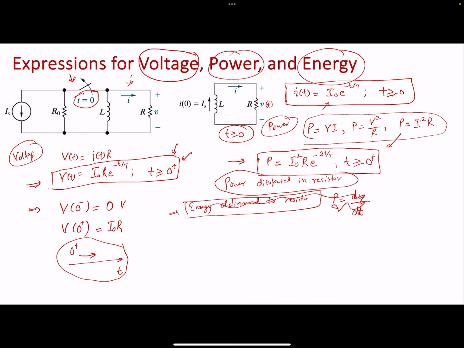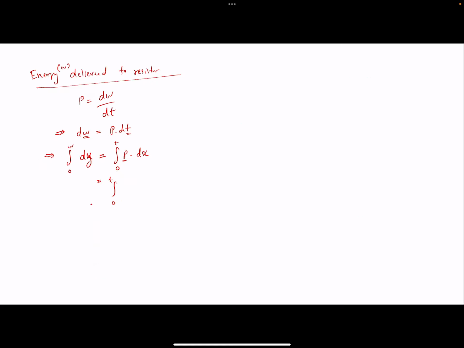This one, I naught squared R e raised to the power minus 2t over tau. So it should come out to be I naught squared R e raised to the power minus 2, and the variable t has now been replaced by x divided by tau. And again, the variable of integration is dx.